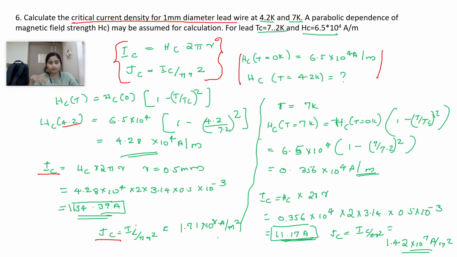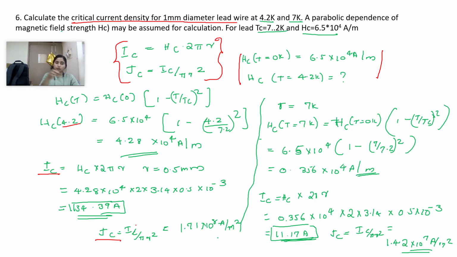So critical current will be HC times 2 pi r, so it will be 134.39 ampere. Now from this IC value you can calculate the critical current density. It will be JC is equal to IC divided by pi r square. So it will be 1.71 times 10 to the power 8 ampere per meter square.